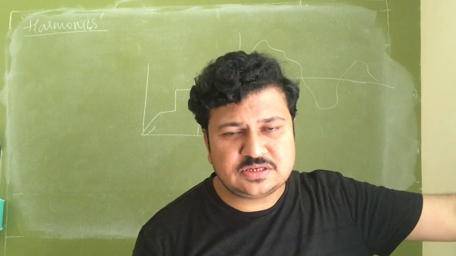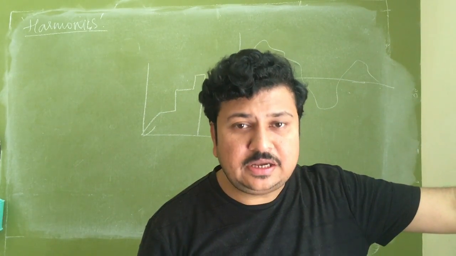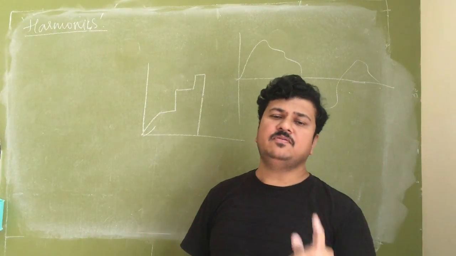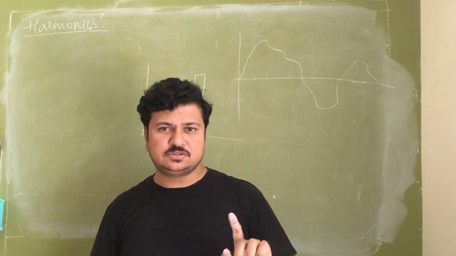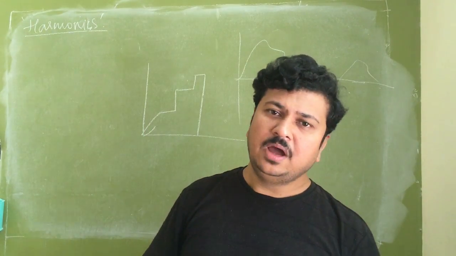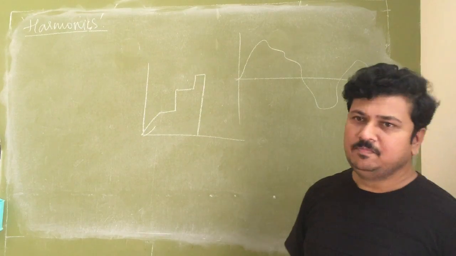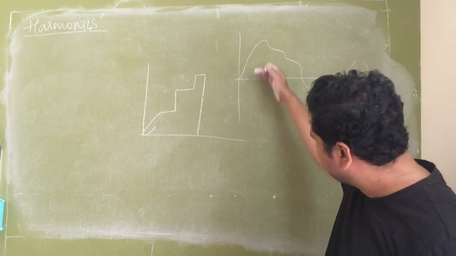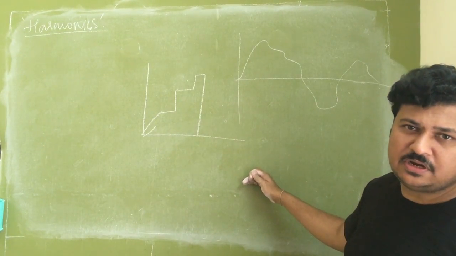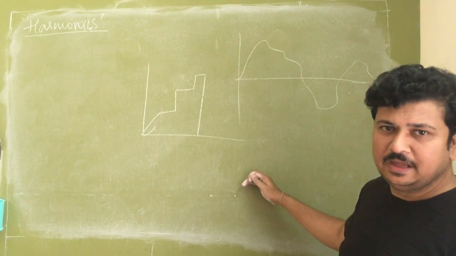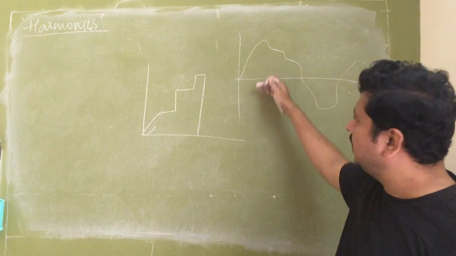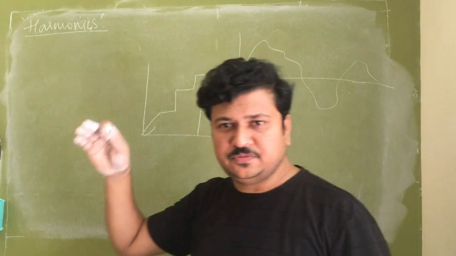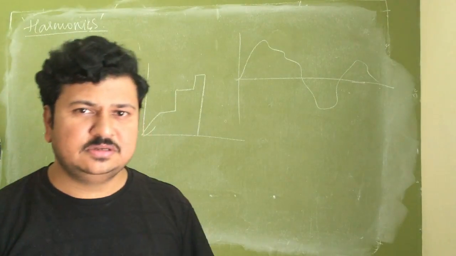Now what are harmonics? Harmonics are the integral multiples of the fundamental frequency which get superimposed on the fundamental waveform and get added. If I want to get the components of this harmonically affected wave or function, I go for analysis using Fourier analysis, because Fourier analysis will give me the harmonics.